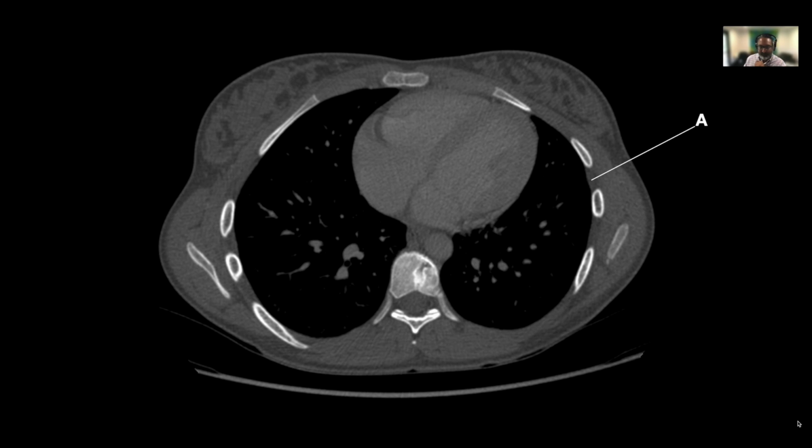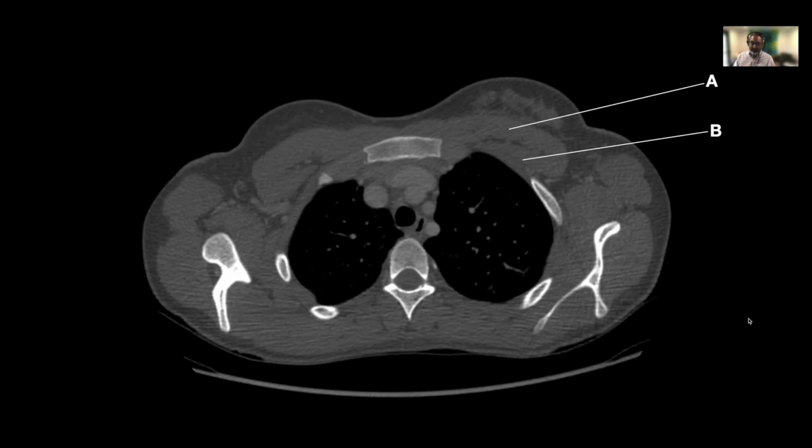Muscles. All right. Let's see what you've got here. Yeah, those are the intercostals, because you can't tell them apart. The intercostal muscles. Correct. Pec major.